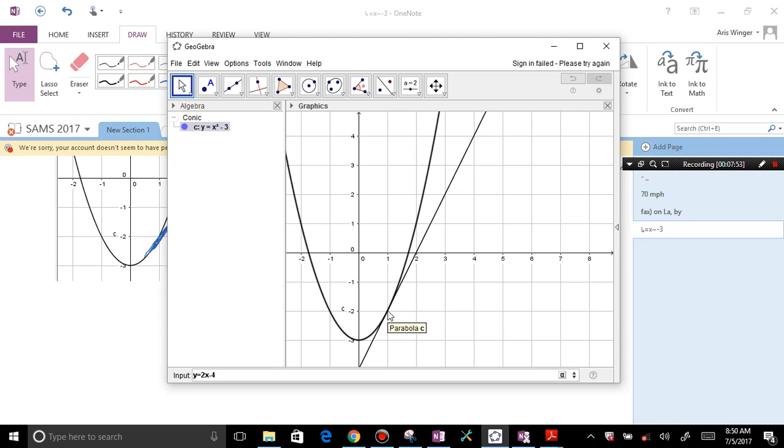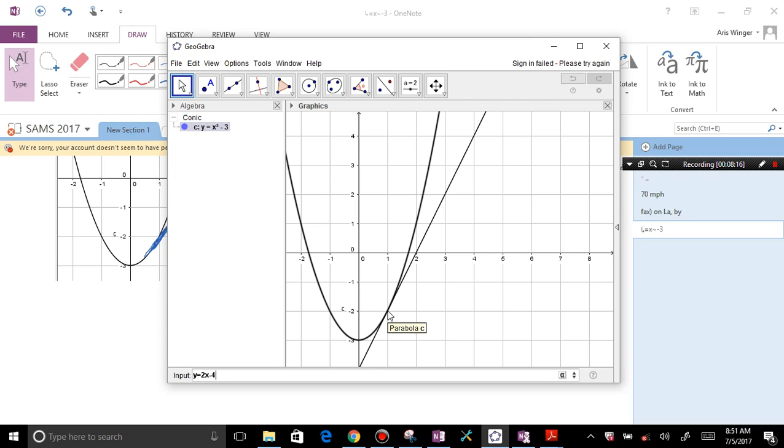But she wouldn't be that far off if she took the 0.999 and plugged it into 2x minus 4, because 0.999 is really close to 1. And if you're close to 1, then x squared minus 3 and the lines look nearly the same. So that's called linearization. We'll talk about that at the end of chapter 2.